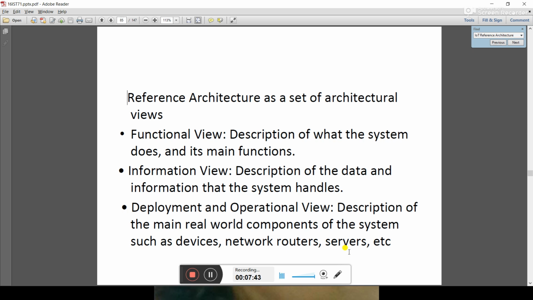Next is the deployment and operational view: how we can deploy the things and devices, network routers and servers, how we can collect the data and how we can operate everything. All these things are defined in the IoT reference architecture.